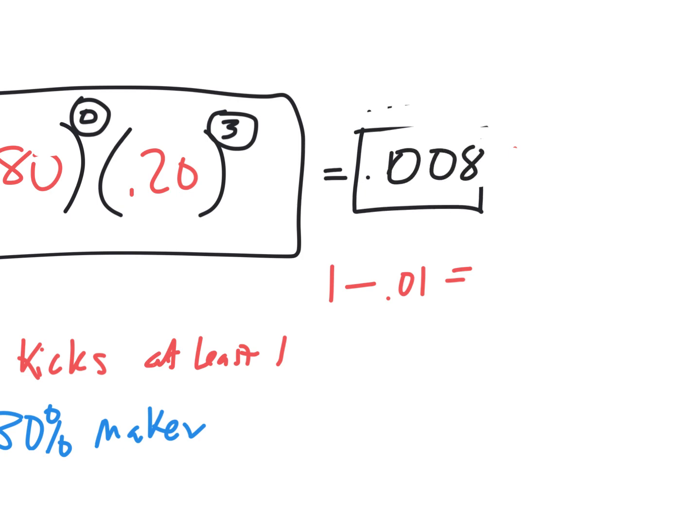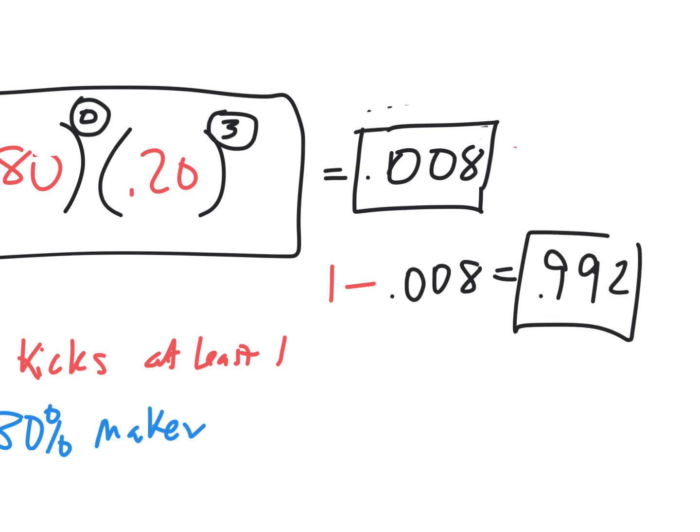Aha. Okay. Now, I take 1 minus that. And what did you get for your final answer? 0.992. Sounds right to me. Does that make sense? All right.